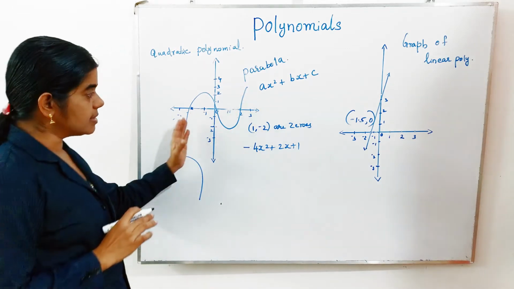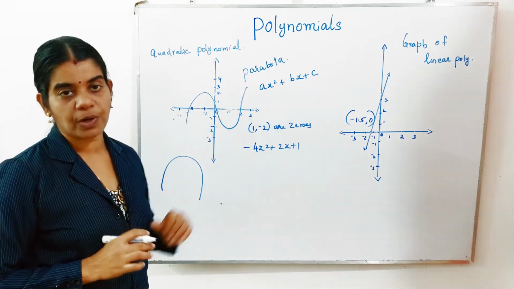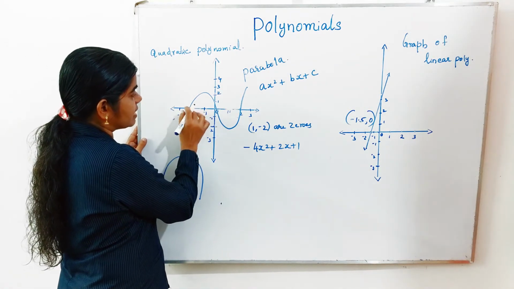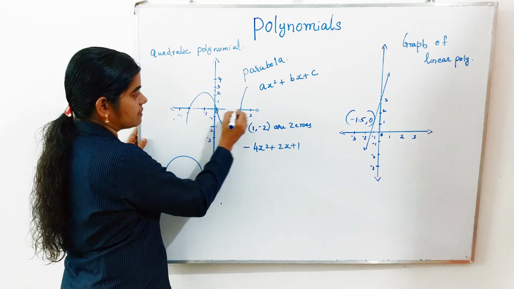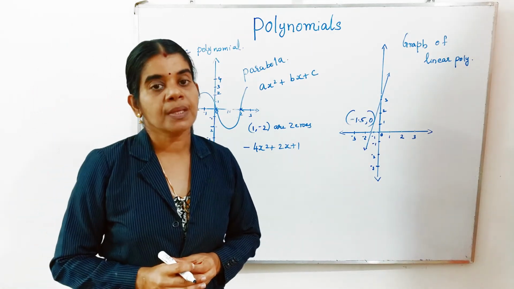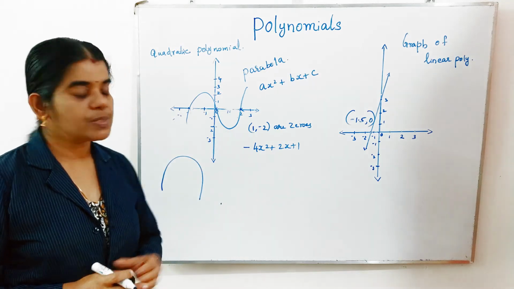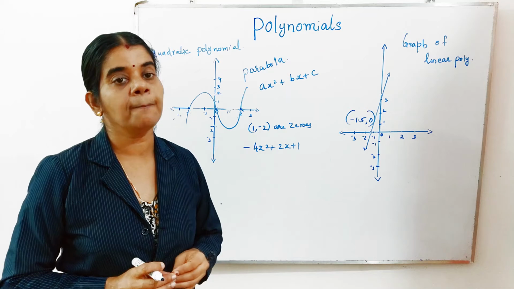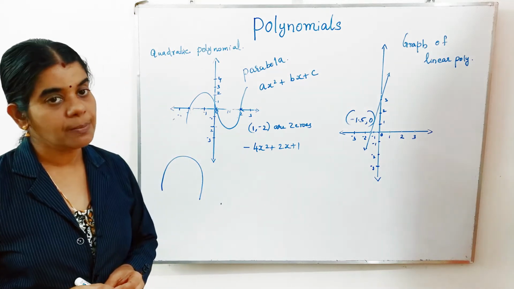This will be the graph of a cubic polynomial. Where it is touching the x-axis, here will be one point of intersection, here will be this also. Then in the case of a cubic polynomial, there will be 3 zeros, so 3 points of intersection will be there. These are the geometrical representation of the polynomials.